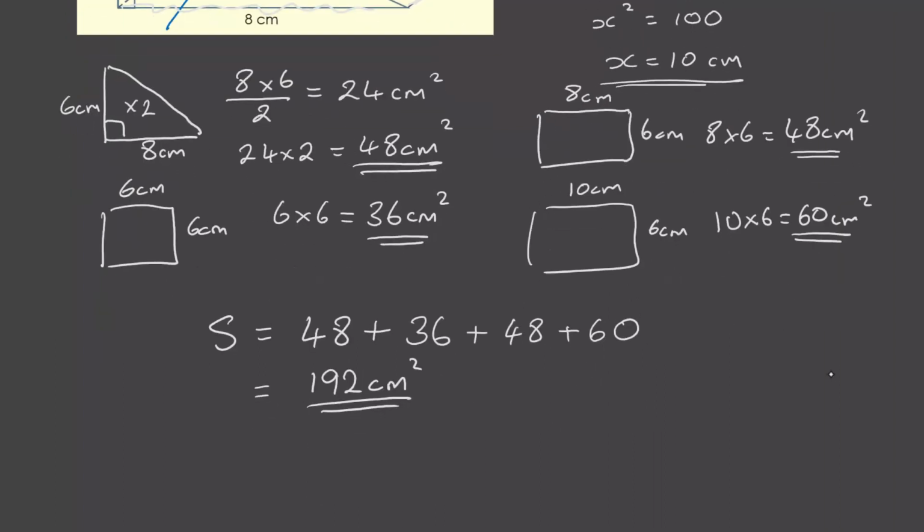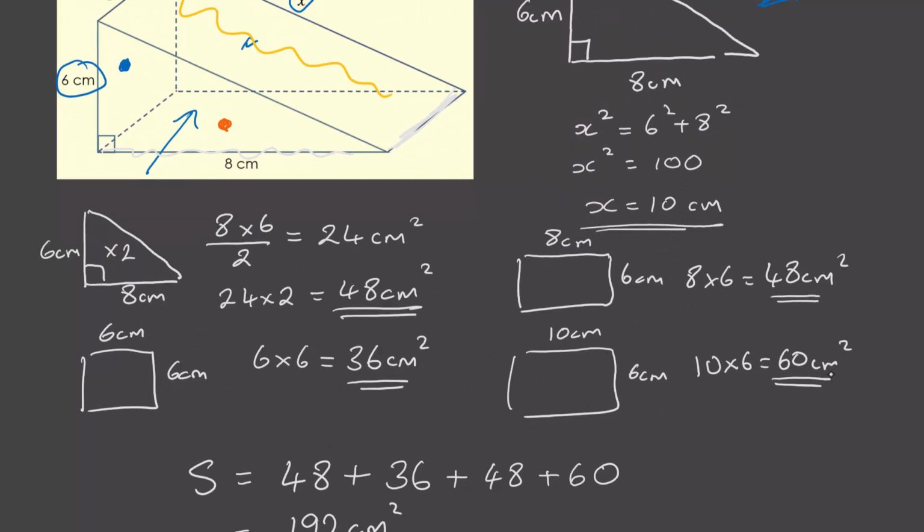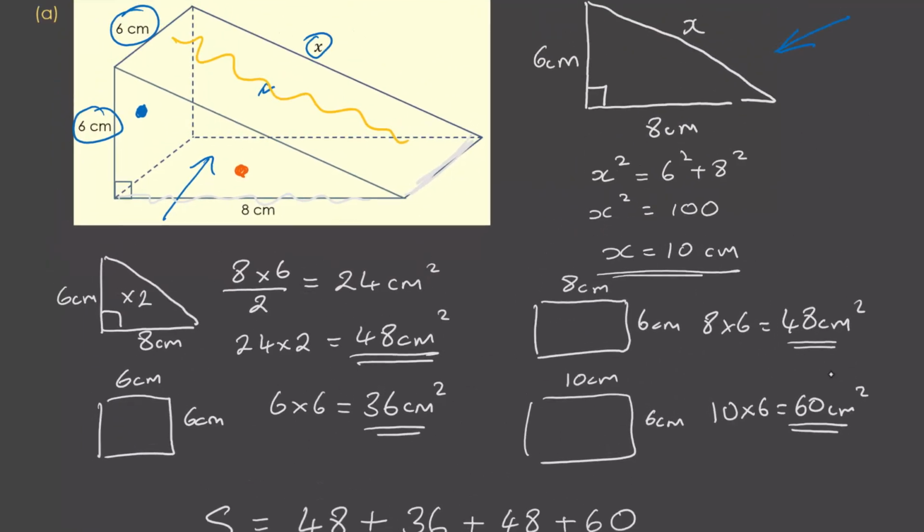I'm just going to introduce a quick shortcut for working out the 3 rectangles. If you look at the triangle at the end here, the perimeter of that is going to be 8 plus 6 plus 10.